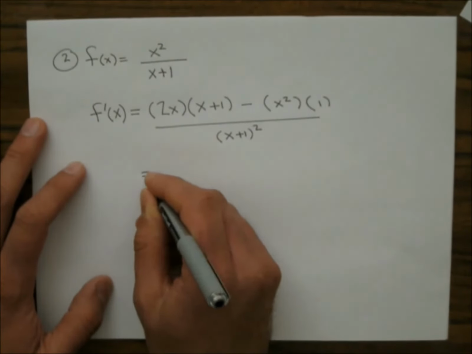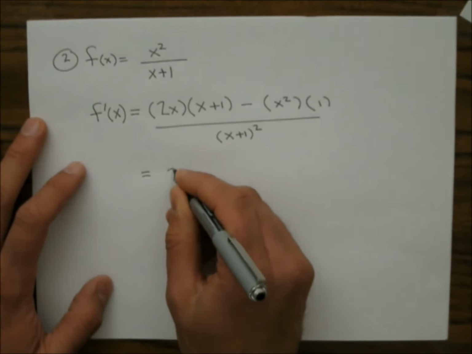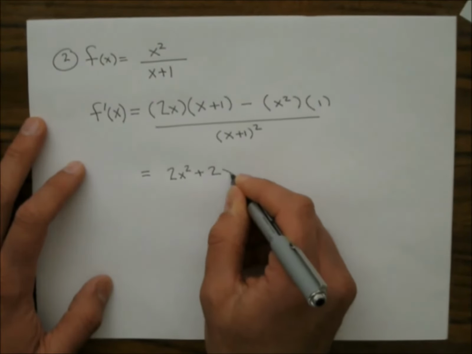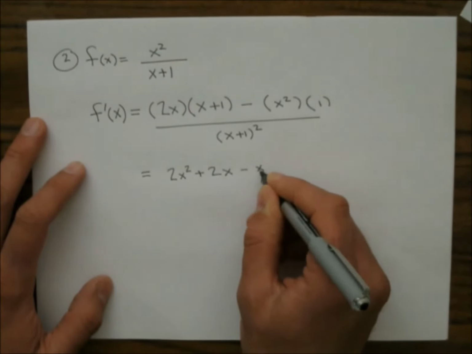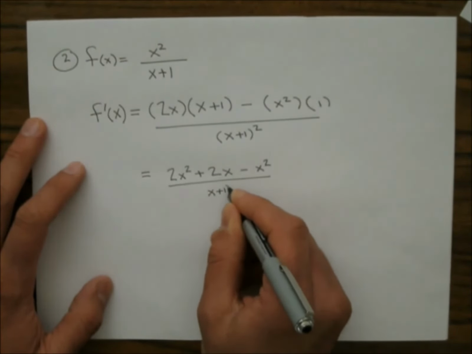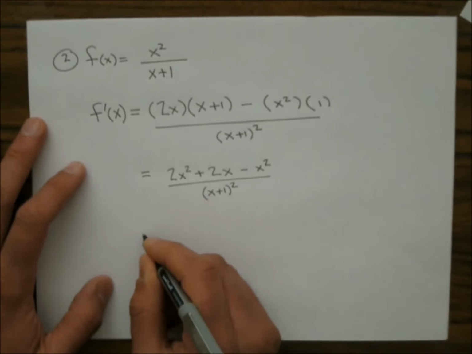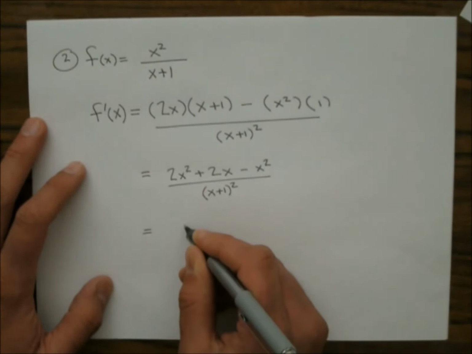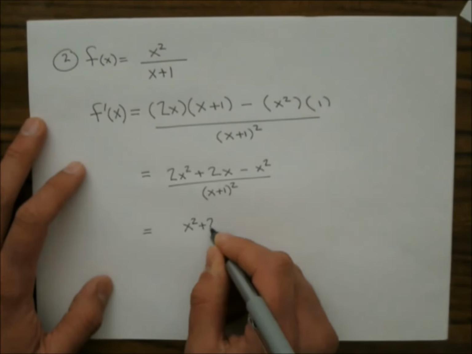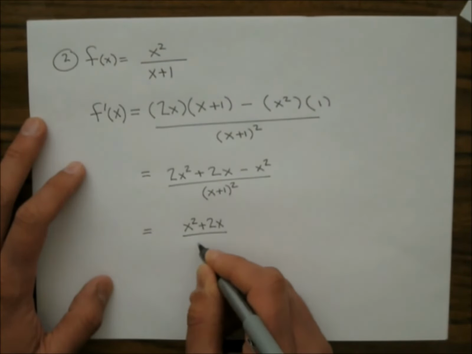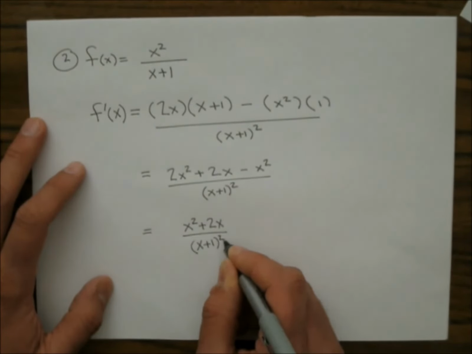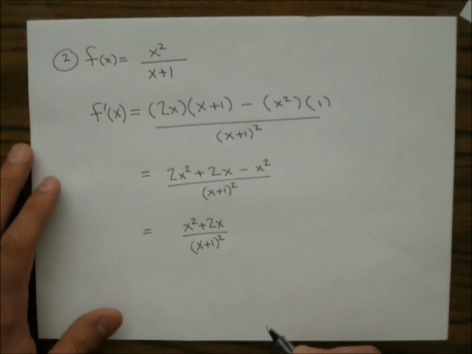Okay, so I'm going to simplify the top. This is 2x squared plus 2x minus x squared, all over the bottom. And so on the top we have x squared plus 2x, all over the bottom, so we have (x plus 1) squared.